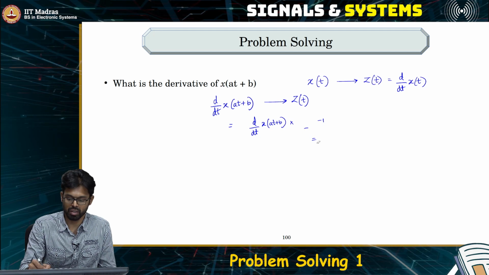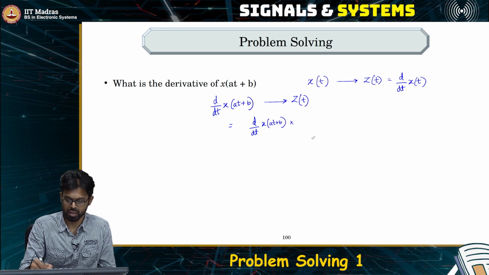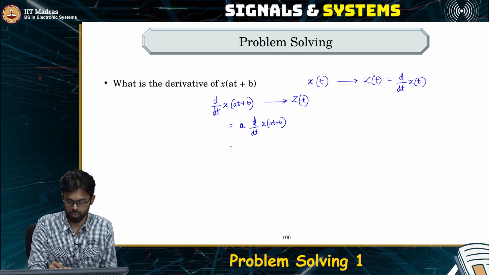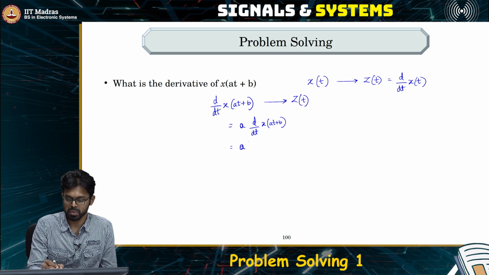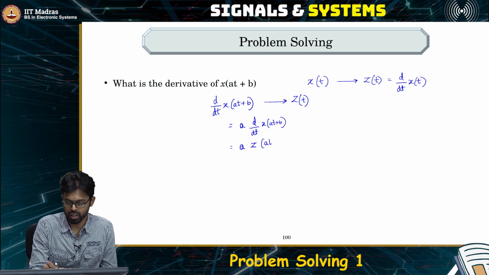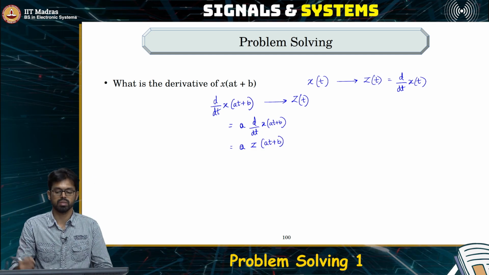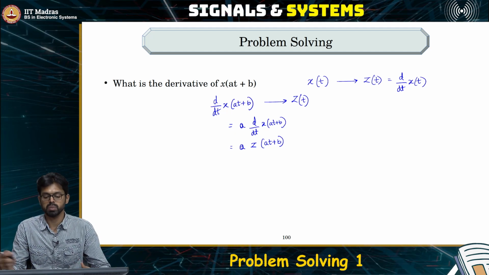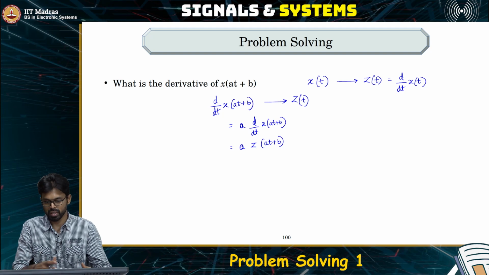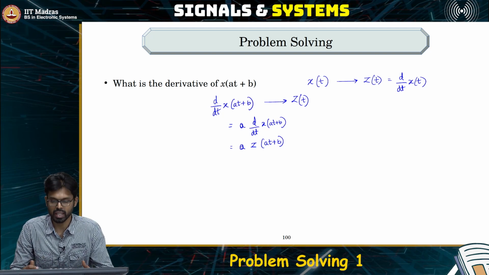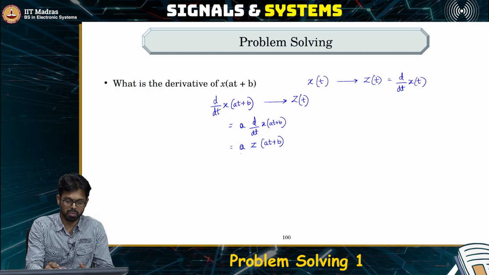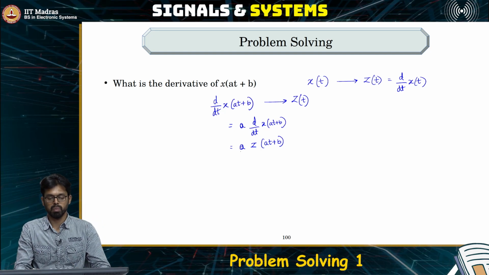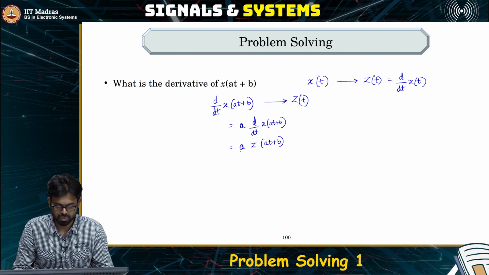So, you can write the entire thing as just a times the actual signal. Okay. In other words, this is equal to a times z of at plus b. Okay. So, the derivative of x of at plus b is a times z of at plus b. So, the individual derivative also gets shifted accordingly and scaled accordingly, and then you just have to multiply a with that. Now, let us see if this is true for some example.